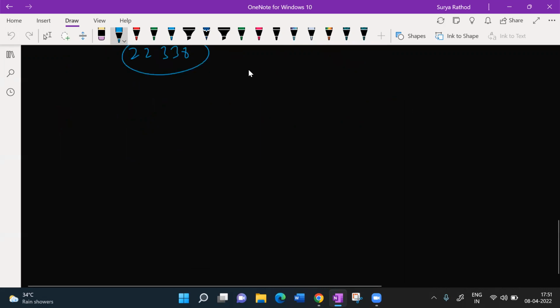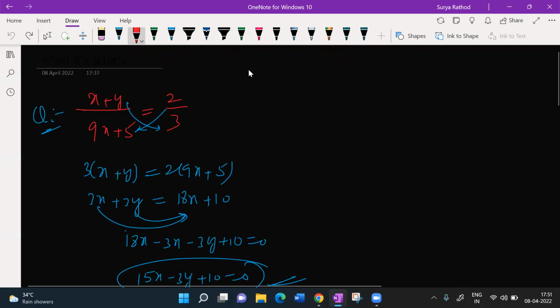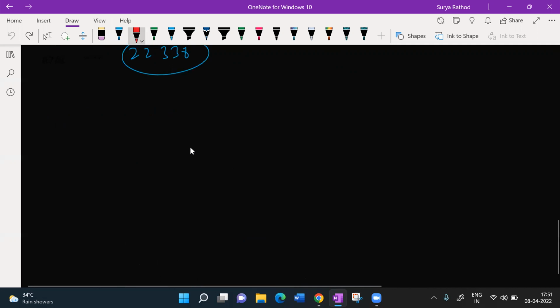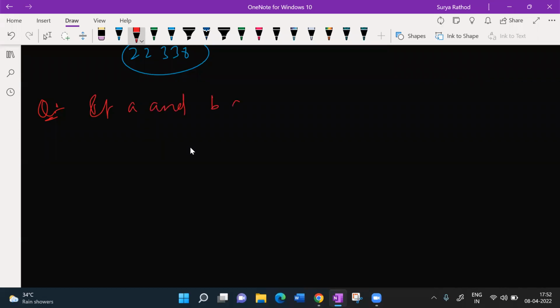Yes, the beautiful question now. Look at this. Let a and b be two odd positive integers such that a greater than b.